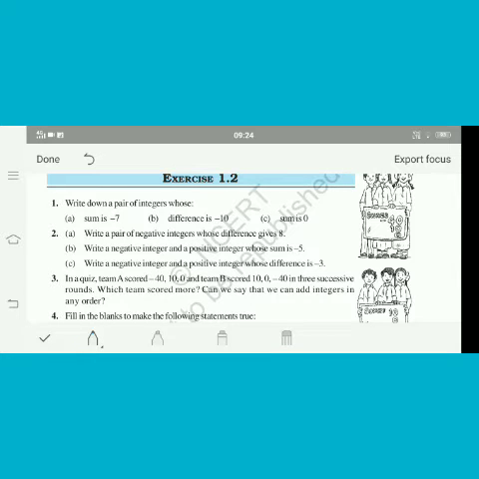So now is difference is 10, -10. So in this case we have to do subtraction. What we have to do? We have to do subtraction. So I am going to take -8 and -2.